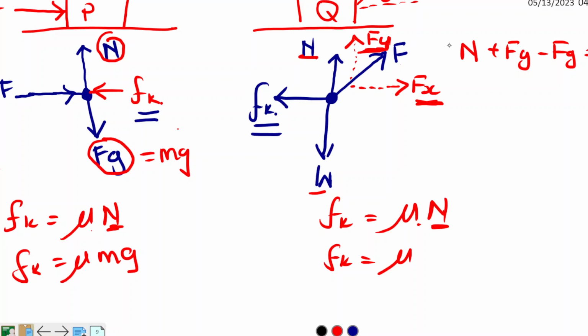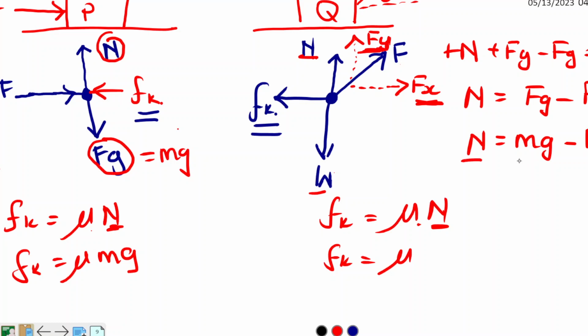If I take up as positive, the normal force plus F of y minus the weight is equal to 0. The F of y is going to be negative on the other side, so I'm having the normal force equals mg minus F sine of theta.